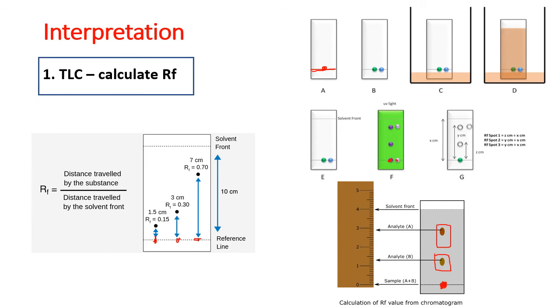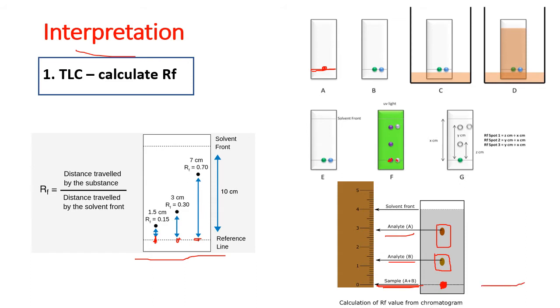In the lab, you will be given TLC sheets with different spots, and you will be asked to interpret them. First, if a sample gave me 2 spots, that means that my sample has 2 different analytes.